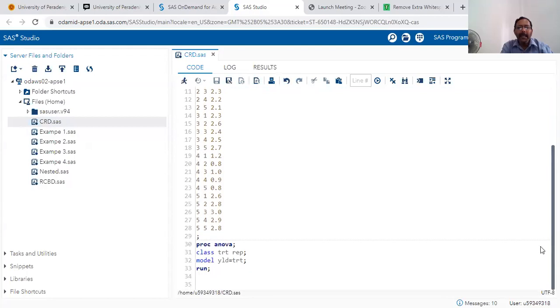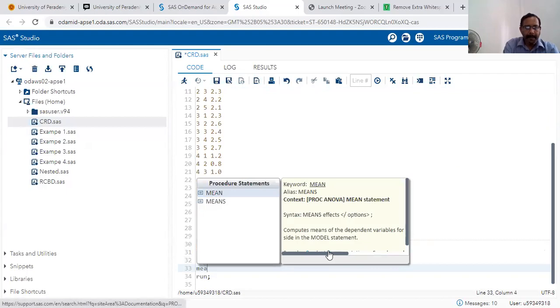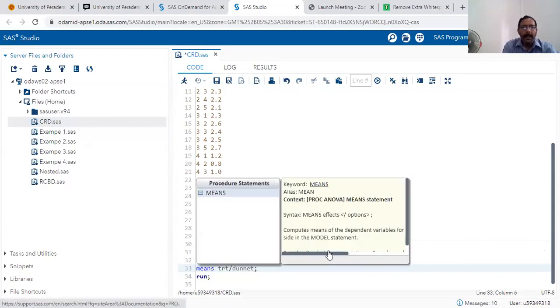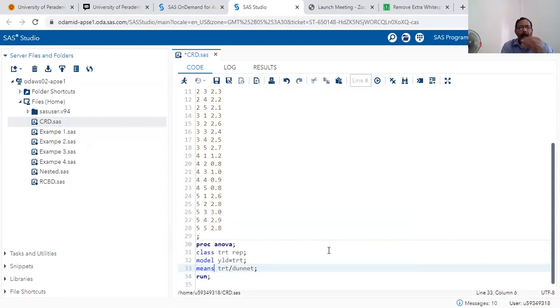I'm going to change the mean separation technique. Have you all written it down?